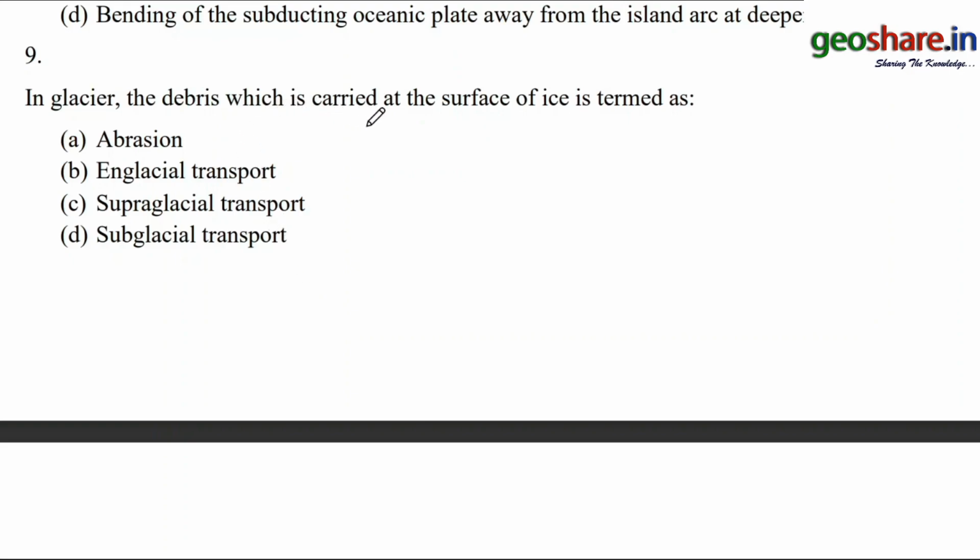In a glacier, the debris which is carried at the surface of the ice is termed as supraglacial transport.